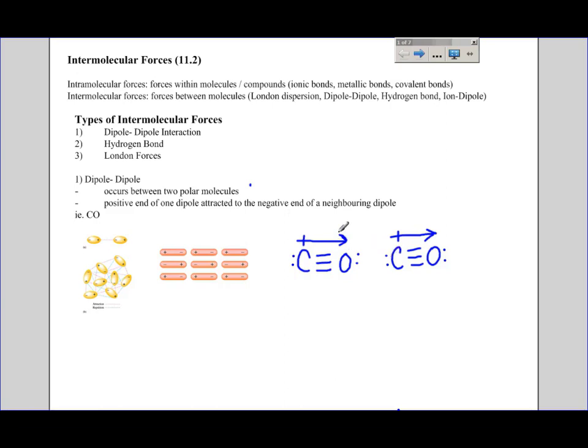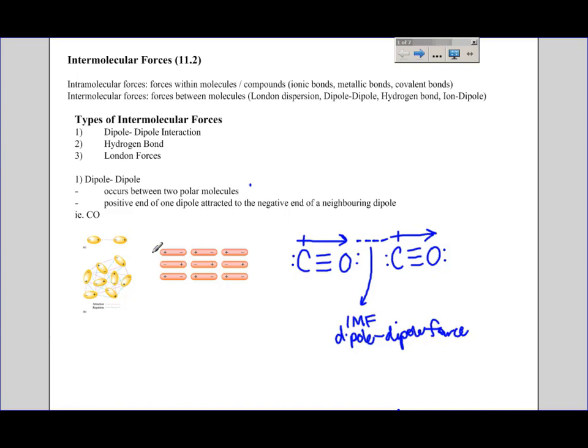As you can see, the dipole on this molecule is slightly negative here, and on the neighboring molecule, it's slightly positive. So there's an attraction between the dipoles of the molecules, and that's where the intermolecular force lies. I'll use the short form IMF for intermolecular force, and this is a dipole-dipole attraction, or dipole-dipole force.